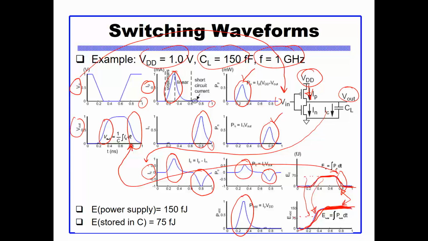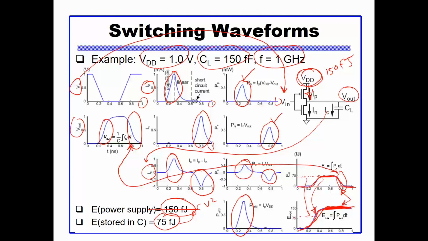Okay, and that the energy, which is the CV square, comes to 150 femtojoule drawn from the power supply. So 150 femtojoule will be drawn from the power supply, and 75 femtojoule will be stored in the capacitor here, all right, which is half of this quantity.